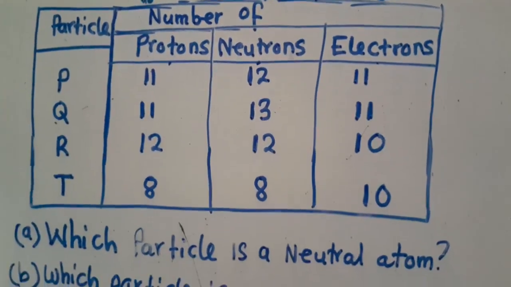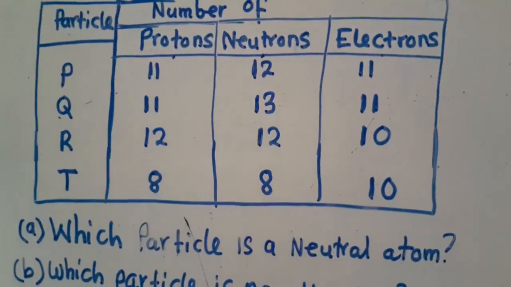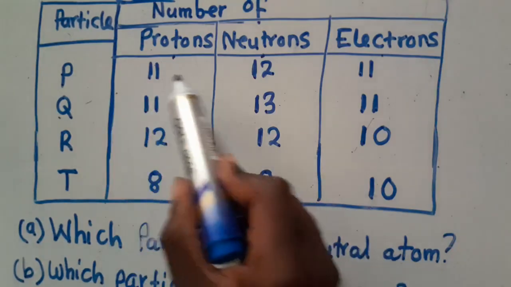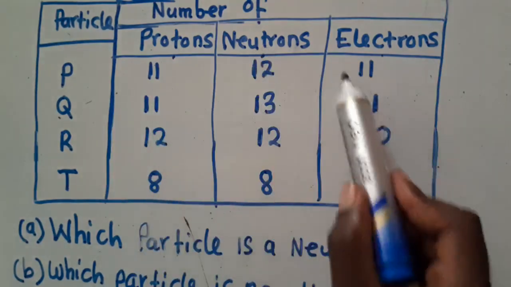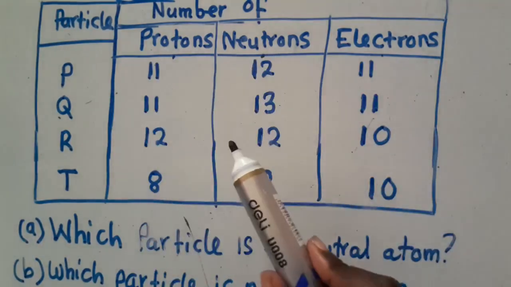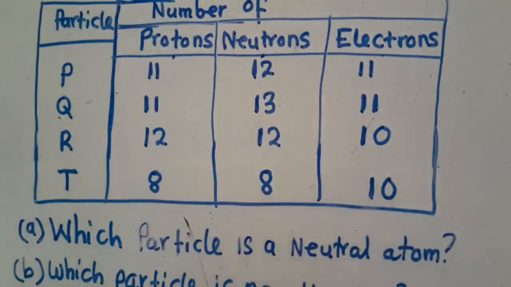When you study this table, you answer the questions down here. This is one of the key topics that you need to know as a student of chemistry, the periodic table, and it comes every year in your exams.